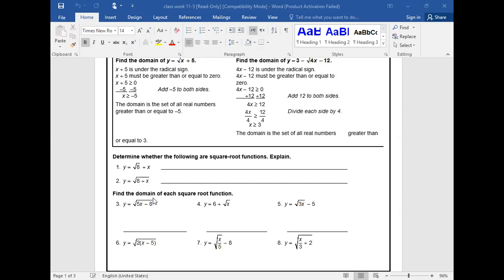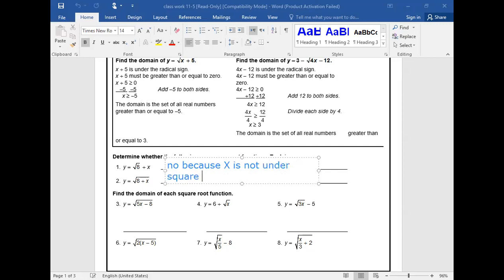So the answer will be no, it's not a square root function, and we will write: no, because x is not under the square root sign. Okay, so this is for the first question.